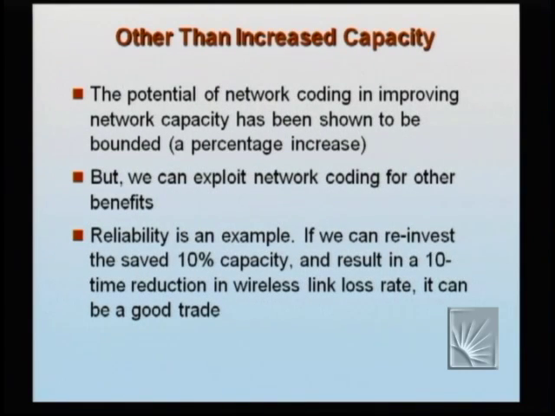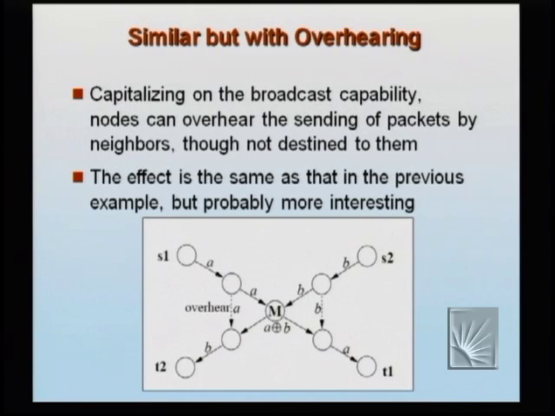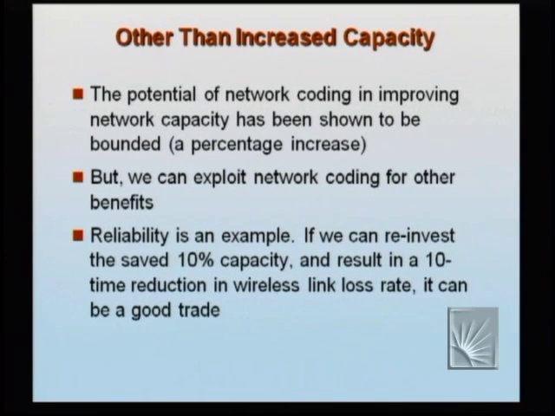Now, in the previous examples, I showed that network coding can be used to improve the capacity of the network by reducing the number of transmissions. But do we have some other benefits of using network coding, other than increased capacity?